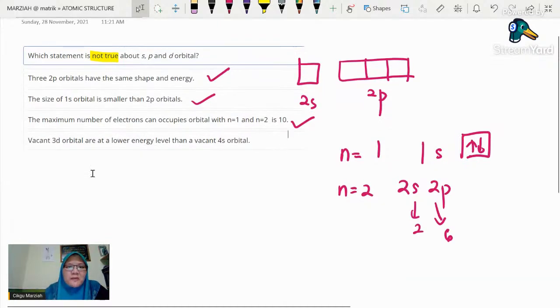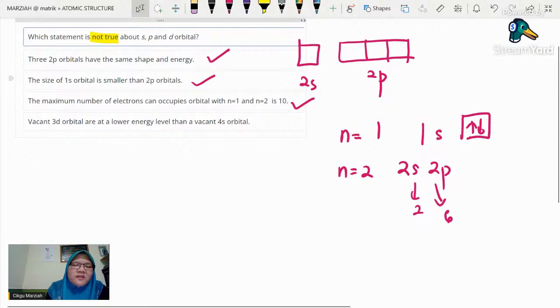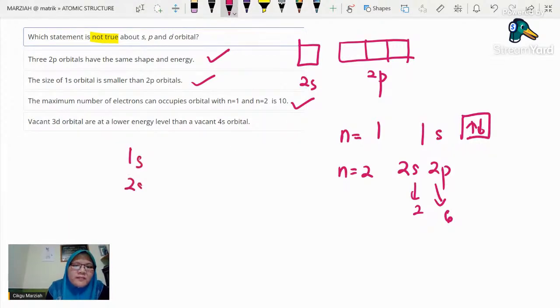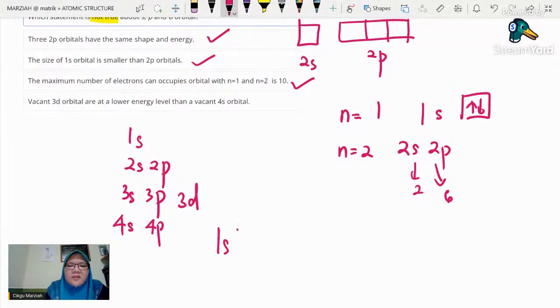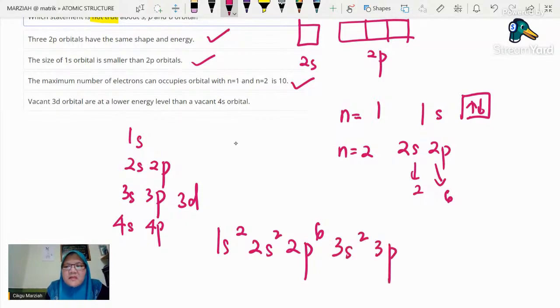Okay, the next statement, 3d orbital are at a lower energy level than a 4s orbital. Ni maksud dia orbital 3d yang kosong lebih rendah energy level berbanding dengan 4s. Kalau kita nak ingat balik cara isi energy level, kita balik kepada Aufbau diagram. So kalau kita tahu 1s2, 2s2, 2p6, 3s2, 3p6, 4s2, 3d10.